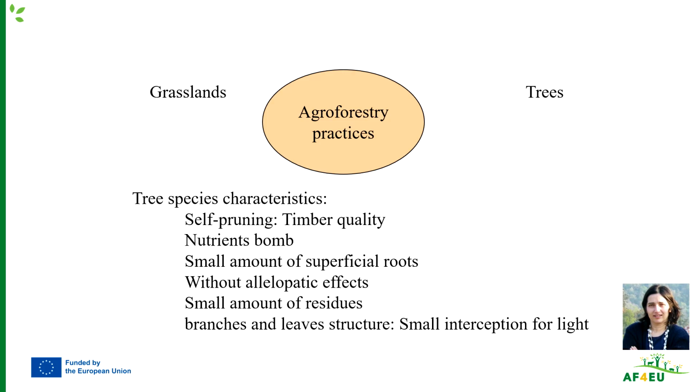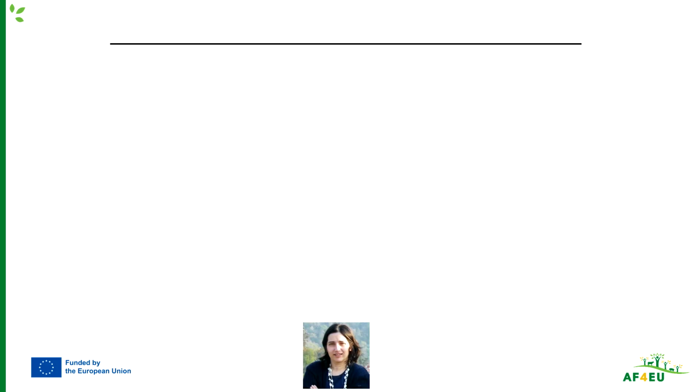And branches and leaves should have a good structure in such a way that the understory will have more light, because we will have a small interception of light by these branches and leaves with a specific structure, and also of rainfall.